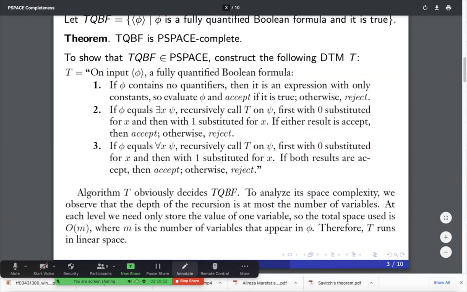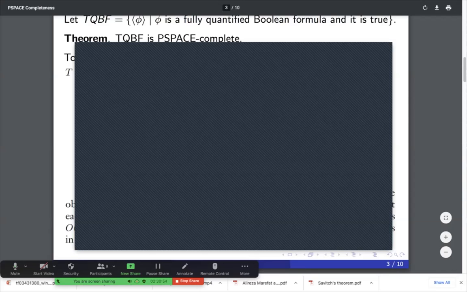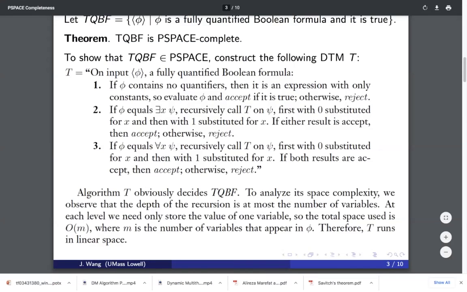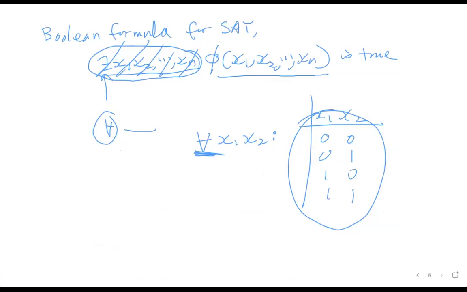So let's bring up a whiteboard here. We define TQBF. That represents true, fully quantified Boolean formula.